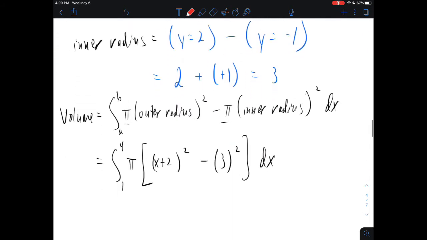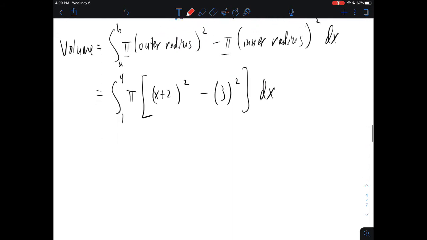Okay, so to finish this example that we left off with, we can factor the pi out to the front of the integral. We can square x plus 2, so x squared plus 4x plus 4, and then we need to subtract 9. So instead of writing 4 minus 9, how about I just write minus 5? dx. And then the antiderivative of x squared is x cubed over 3.